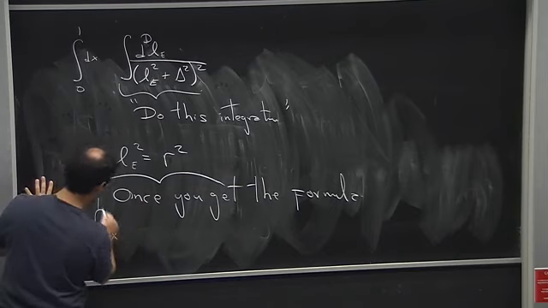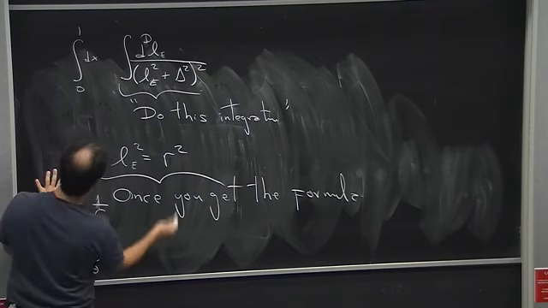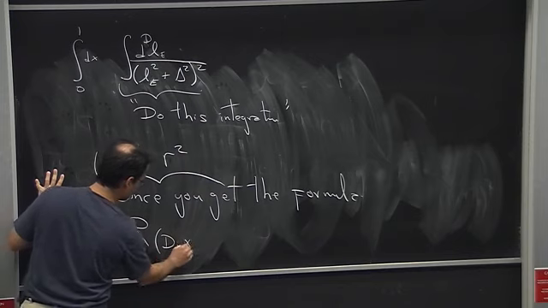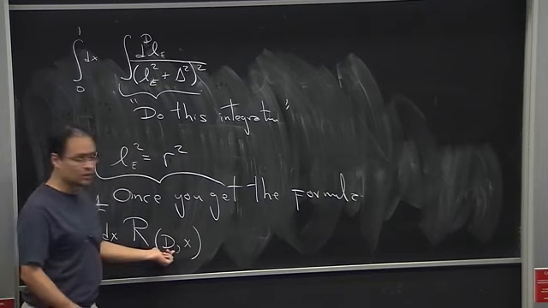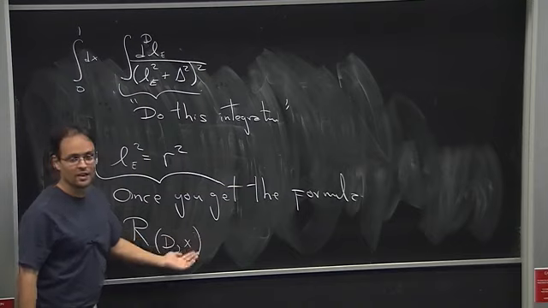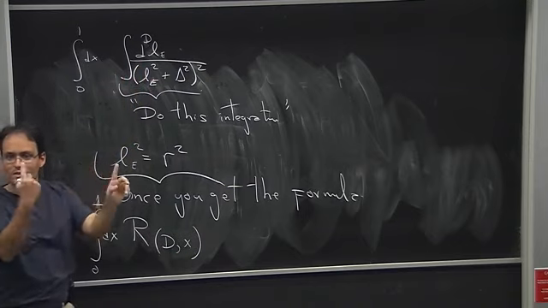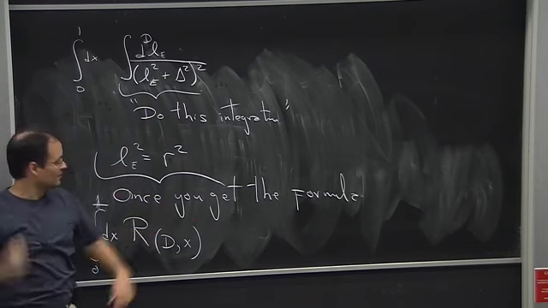Let's call it r of d and x. Once you get it as a function of d, you can now do whatever you want with this formula. It doesn't remember that it came from a computation where you had to do it one dimension at a time, because you are doing the angular integrations on the sphere.